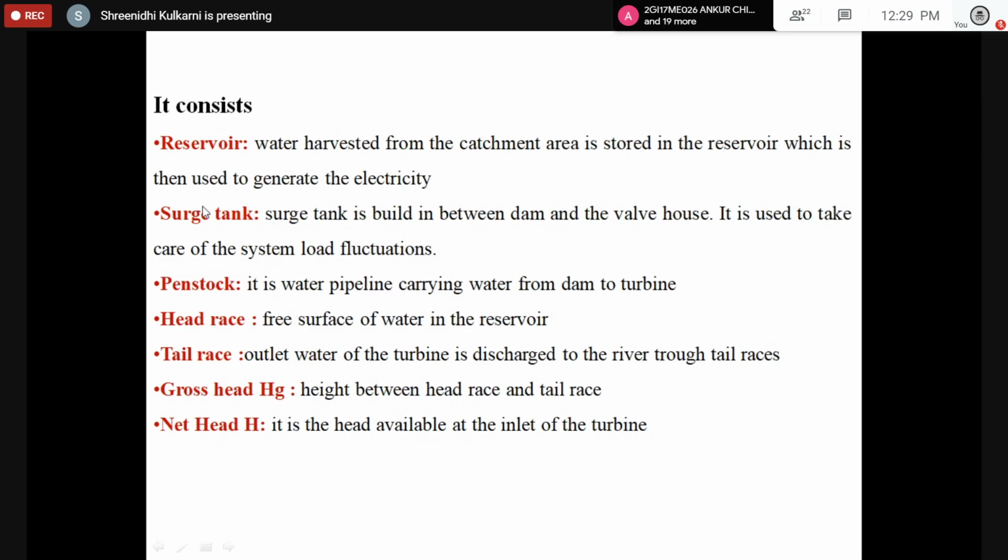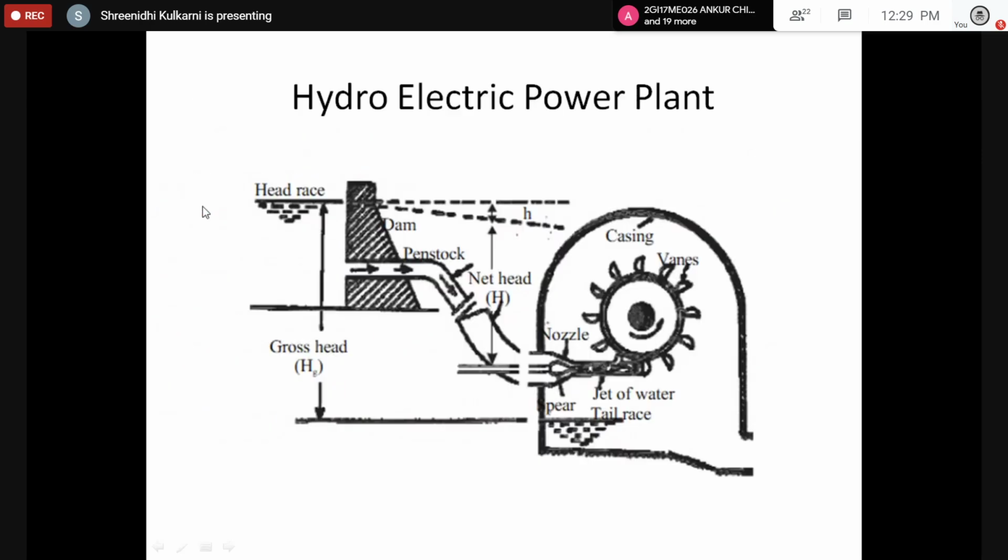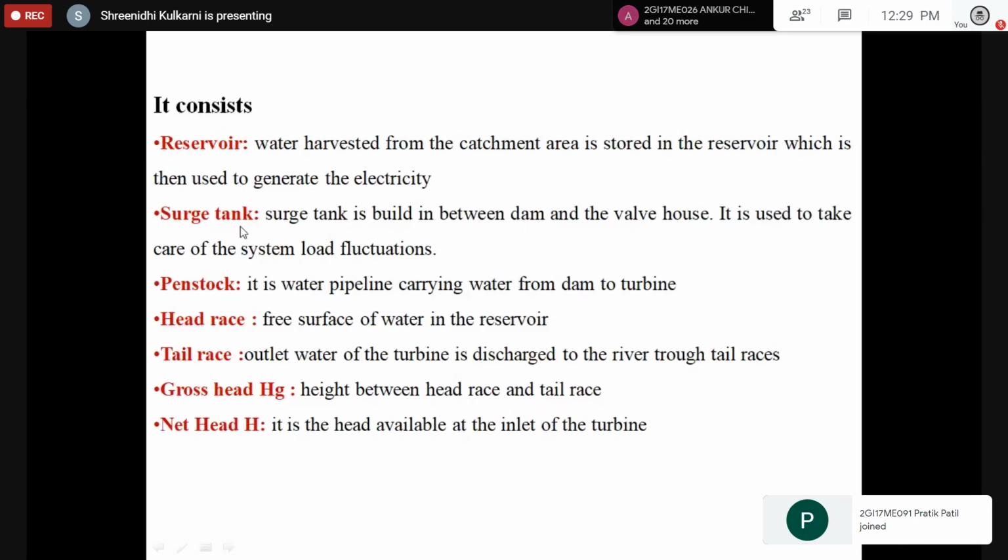In this diagram the surge tank is not given, but we mention the surge tank here because you should know what it is. The surge tank is built in between the dam and the valve house.